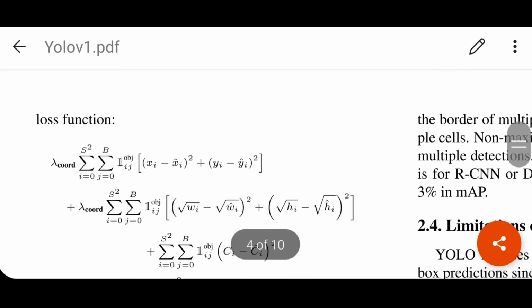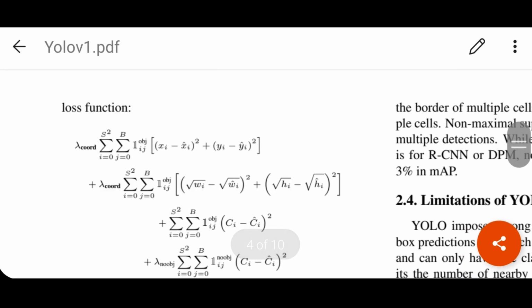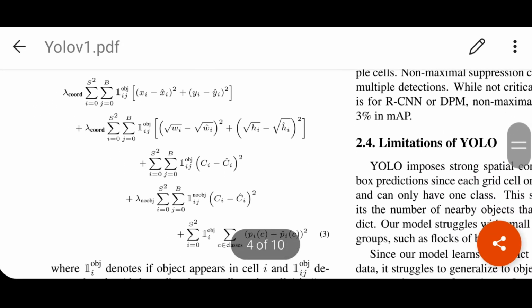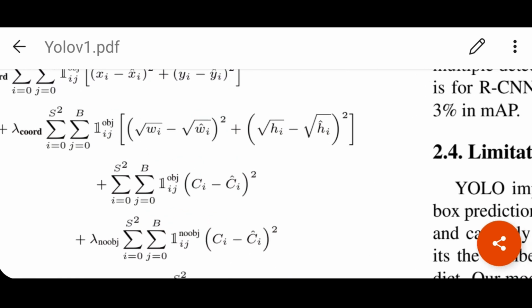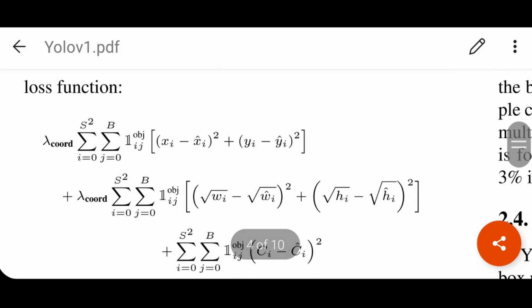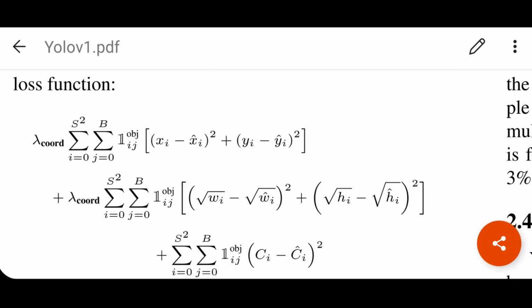This equation is the loss function. I want to emphasize why it differs from the other methods. It has conceptually 3 parts. Coordinate localization error. This is the first part, as a regression model.